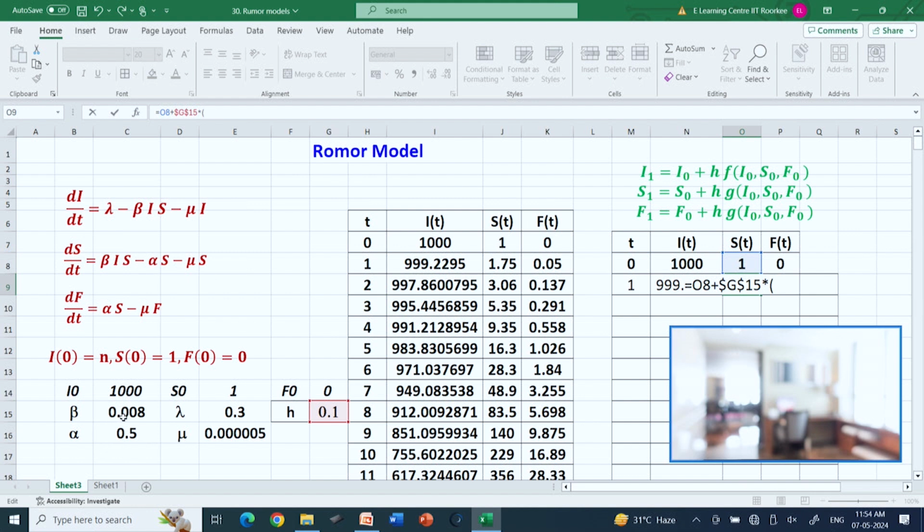So, beta times I into S, minus alpha S, alpha times S, minus mu into S.